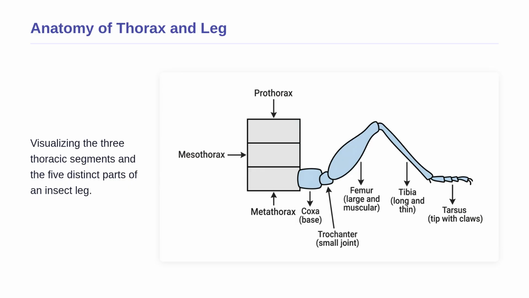Starting from the body, we have the coxa, which acts like a hip joint. This connects to the small trochanter, followed by the large muscular femur. Next is the long tibia, and finally the tarsus at the tip, which often has claws or pads. This segmented design gives the insect incredible agility.